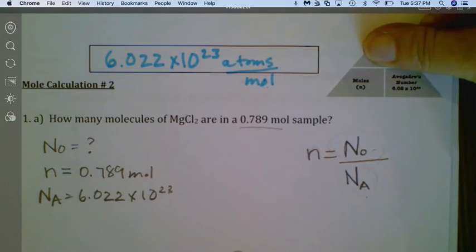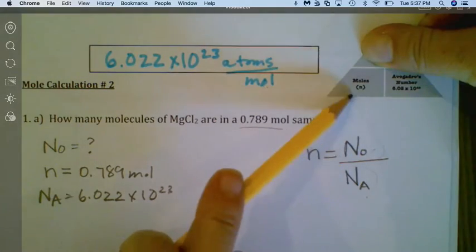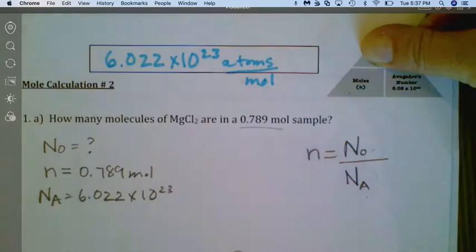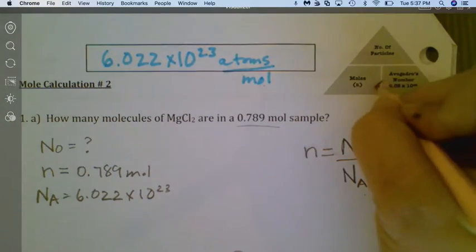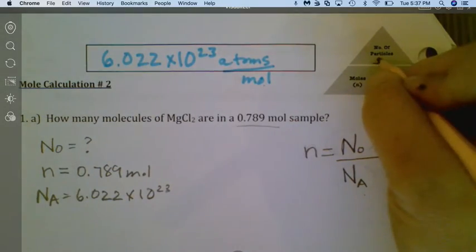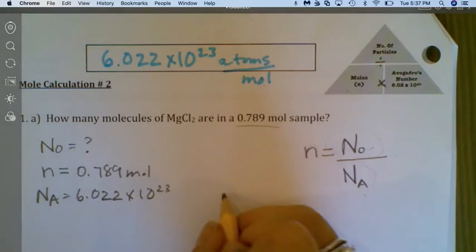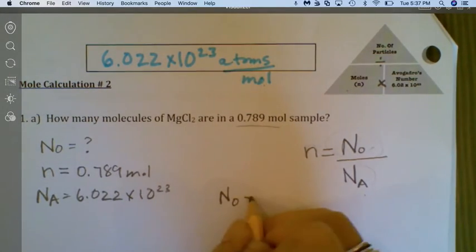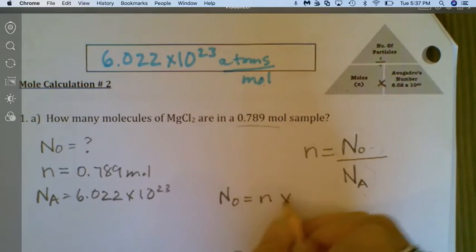This is the variable that you are trying to find, so you would cover that up, and then you would notice that these two are side by side. So in the mole triangle, the variables that are side by side, you always multiply, and if they're one on top of the other, you would divide. So in this case, when I rearrange, number of molecules equals moles times Avogadro's number.